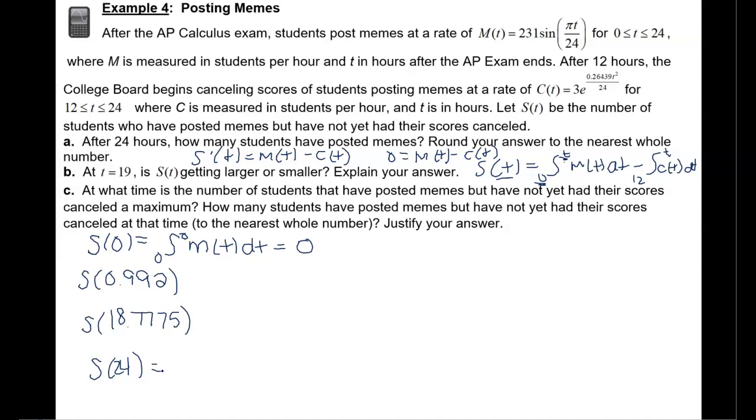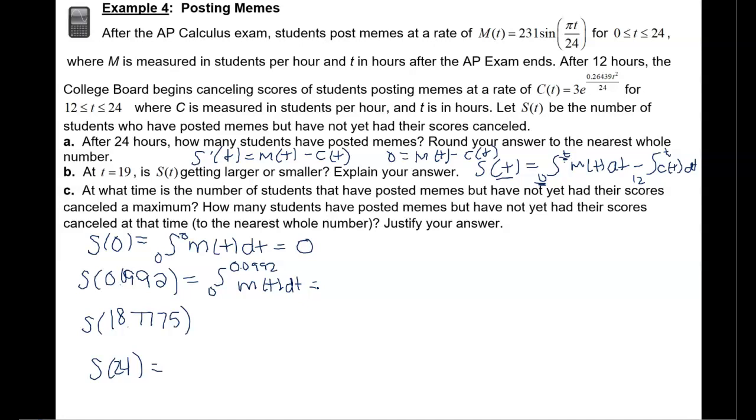So again, this point here, 0 to 0.0992 of m of t dt. I don't care about the integral for that function of c because c doesn't exist yet.